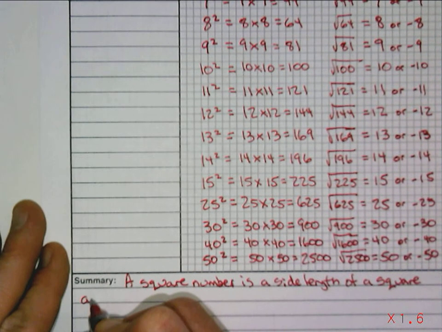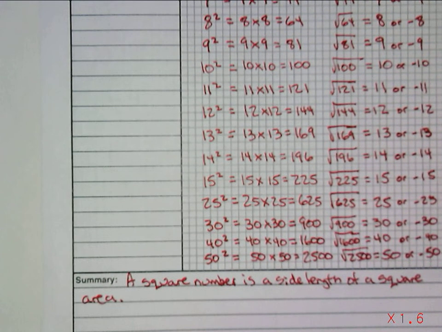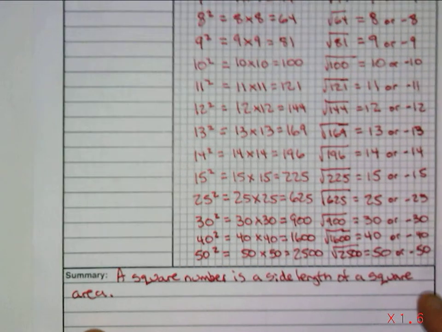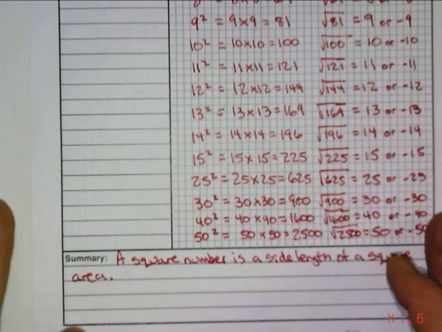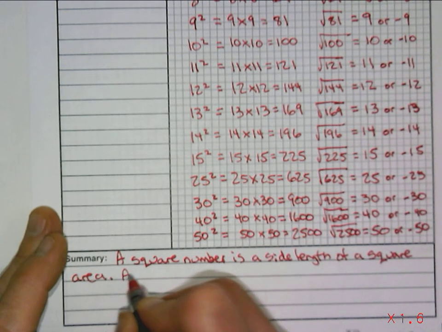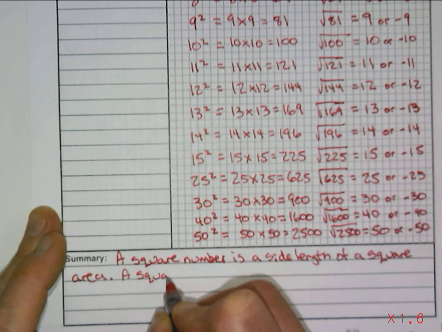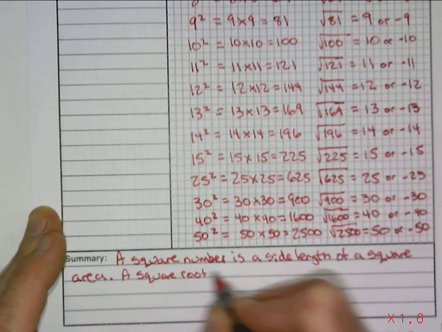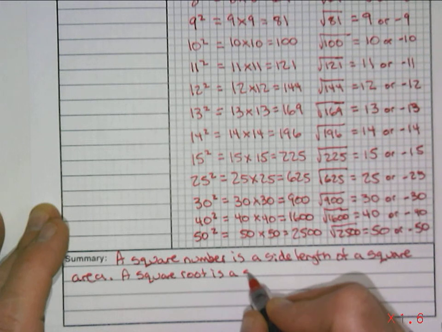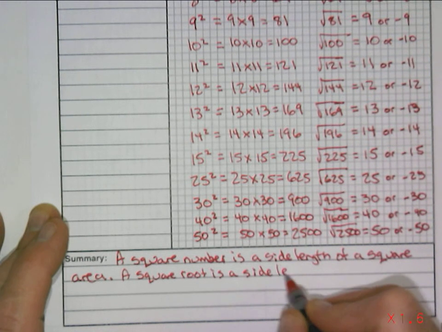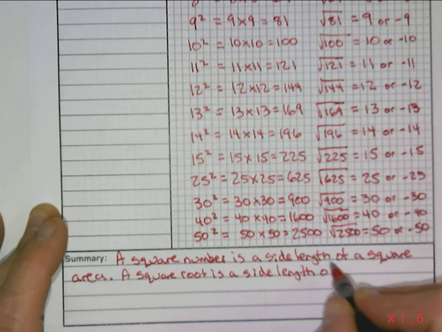So really what we're looking at when we're looking at squares is literally a square. It's a squared number. When we're looking at square roots, a square root is actually a side length of a square.